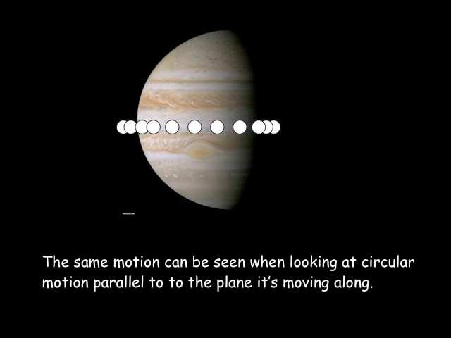But from our perspective, the moon seems to be spending less time as it's coming around Jupiter and going faster, covering more distance as it's going across the face of Jupiter as we see it, and then going slower as it's going back around on the other side of Jupiter.